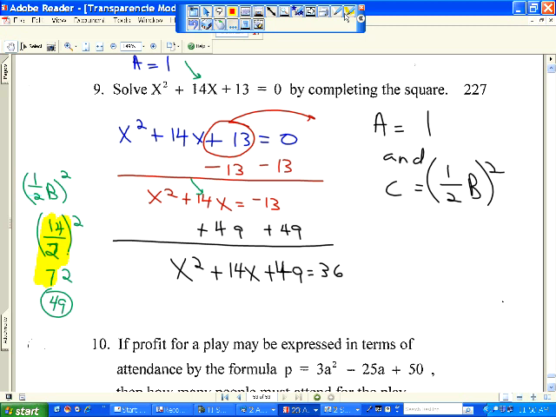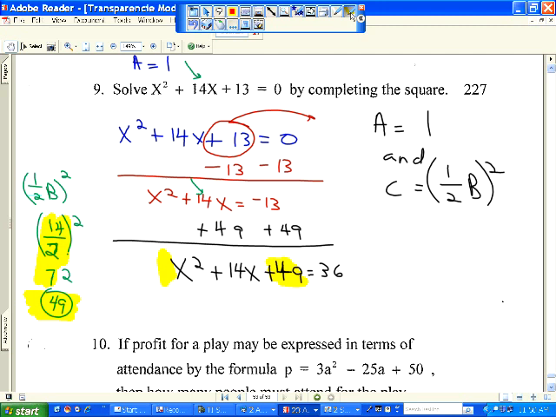We made A be 1, and then we made our C be the half of B square answer. So we created a situation where A is an understood 1 and C is half of B square. So we created a perfect square trinomial. We don't care what the other side looks like. We're just trying to make the left side a perfect square trinomial.